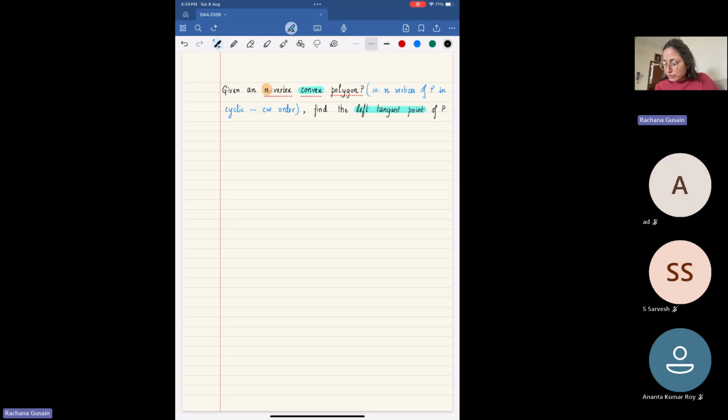Let me define it with respect to the polygon directly. So I have a convex polygon, right? Let me draw a polygon. This is not convex. This is convex.